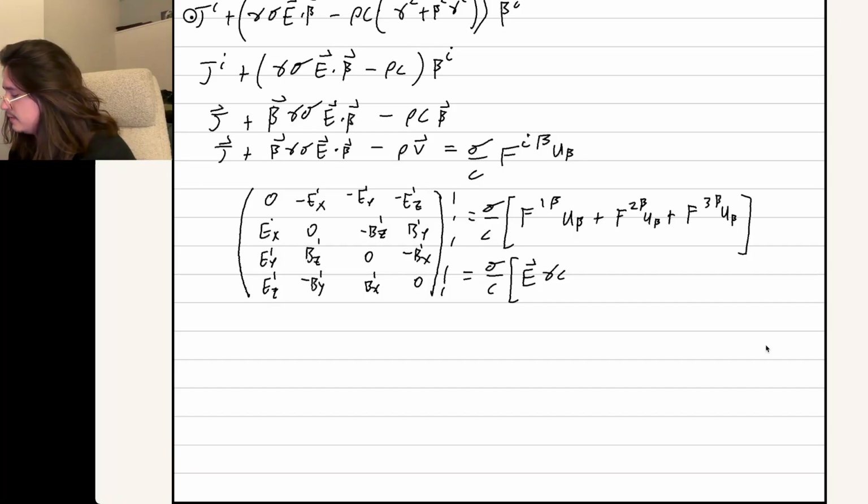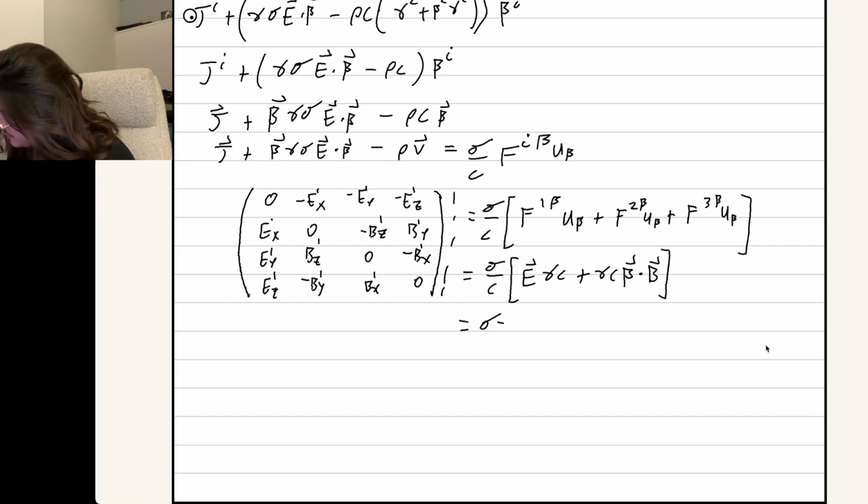So okay, it's the cross product of beta with B times gamma c, so plus gamma c beta dot B. Funky stuff. We'll factor out a c from that. So we'll have sigma gamma times E plus beta dot B. Or not dot, it's cross. I miswrote it before. It's beta cross B.